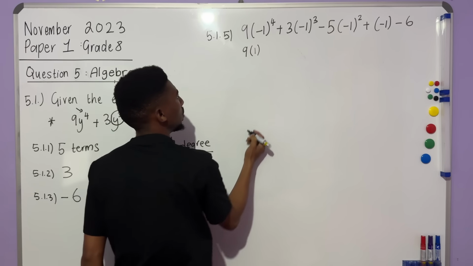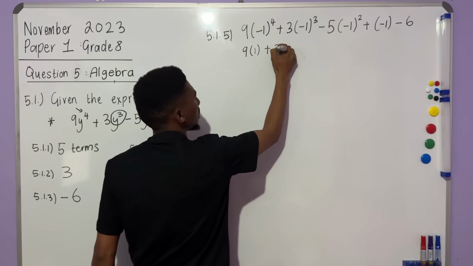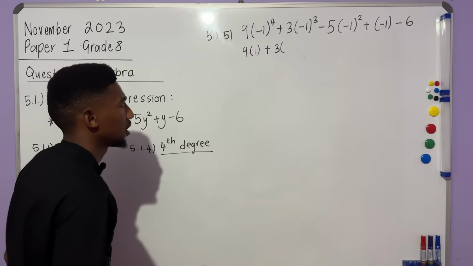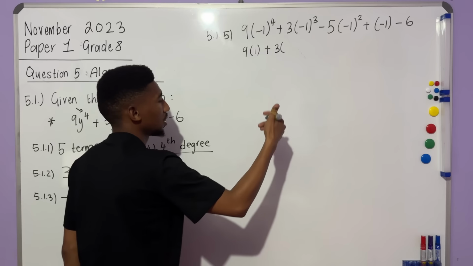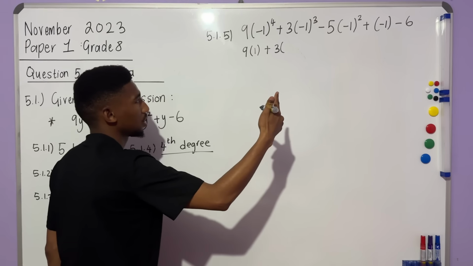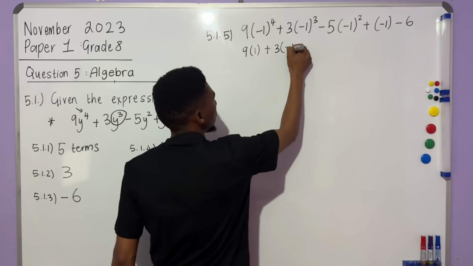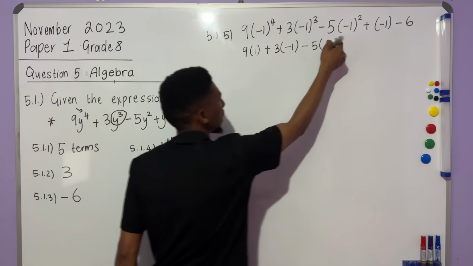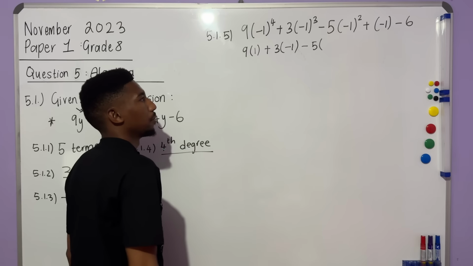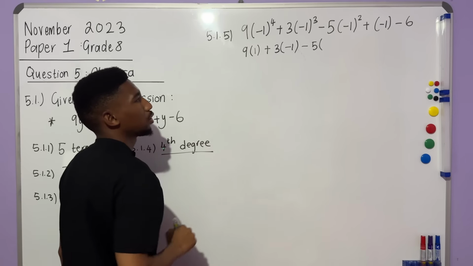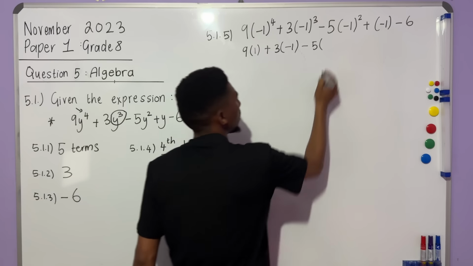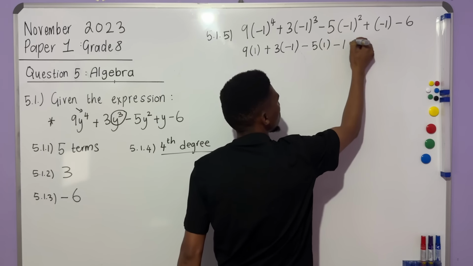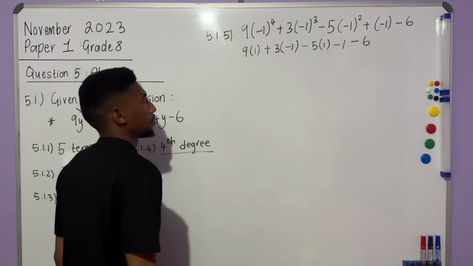We have brackets, 1 there, plus 3 brackets in there again. Minus 1 times itself 3 times. Minus 1 times minus 1 is 1, times minus 1 is minus 1 in brackets there. Minus 5 brackets, minus 1 squared. So that says minus 1 times minus 1, that's 1. And then plus minus 1 is minus 1 minus 6.